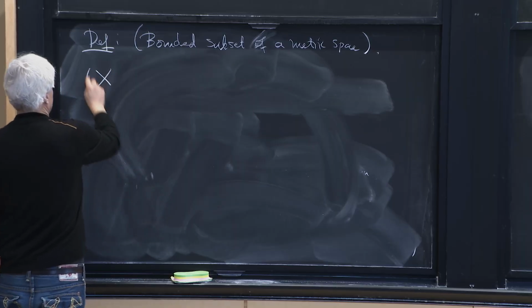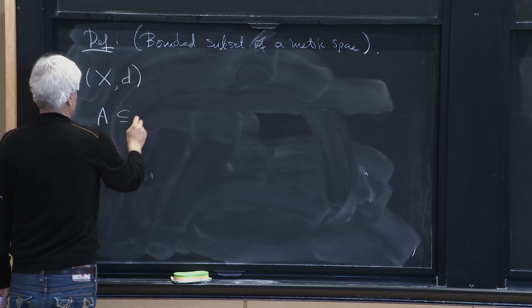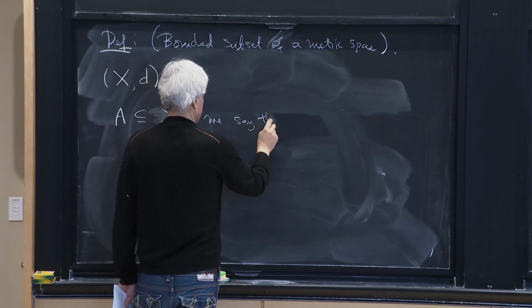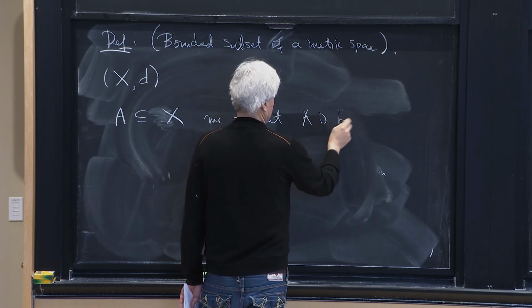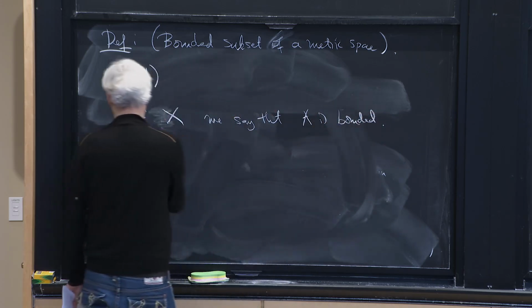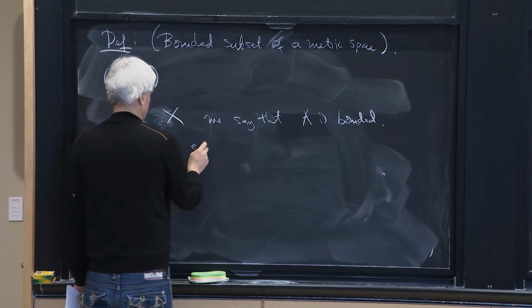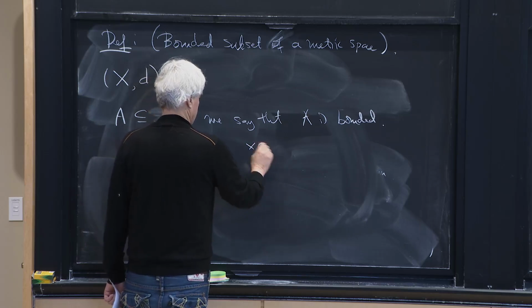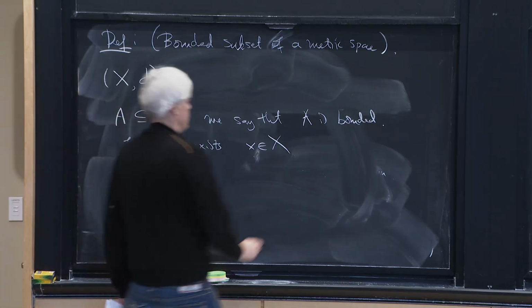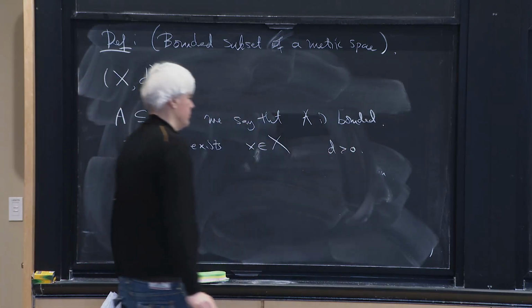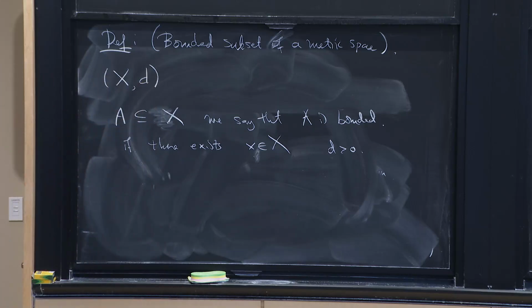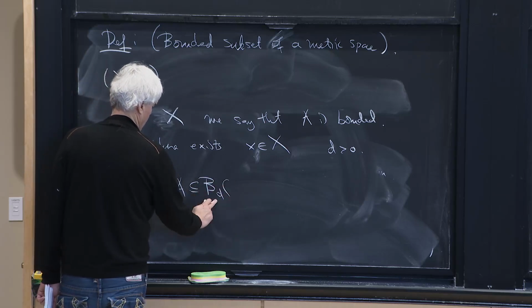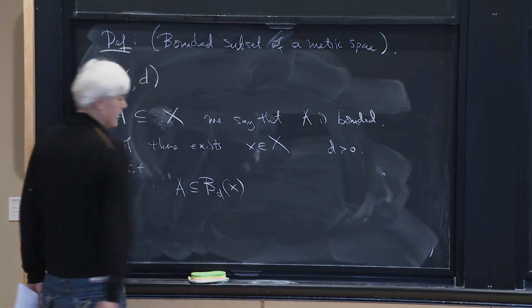We have a metric space here, and A is a subset of it, and we say that A is bounded if there exists x, an element in this metric space, and d, some positive real number, such that A is contained in the ball of radius d centered at x.